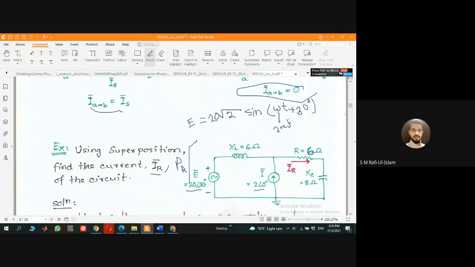This is the full expression. We don't know the frequency because it is not given. If I provide a frequency, let's say 100 hertz or 1 kilohertz, then this one has the same frequency as that one. If I write the sinusoidal equation for the current, that is 2 root 2 sine omega t plus 0 degrees. That's how these two have the same frequencies.